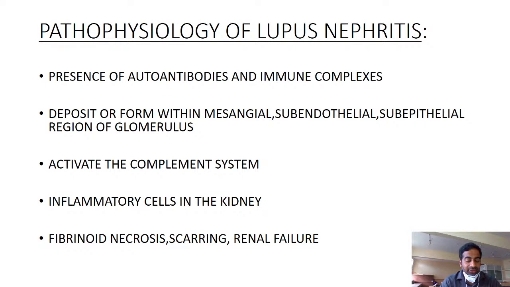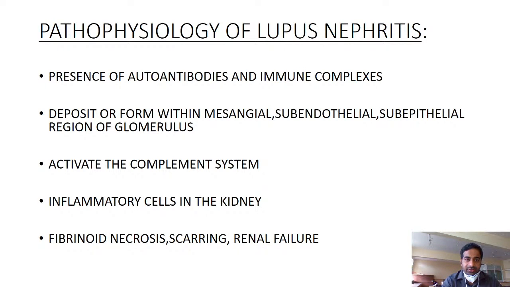Then inflammatory cells could be seen in the kidneys, ultimately leading to fibrinoid necrosis, scarring, and renal failure. Initially there is production of autoantibodies and immune complexes. These complexes will deposit in the mesangial, subendothelial, subepithelial regions, which will lead to activation of the complement system. Increased activation of the complement system leads to an increase in inflammatory cells, ultimately renal failure.